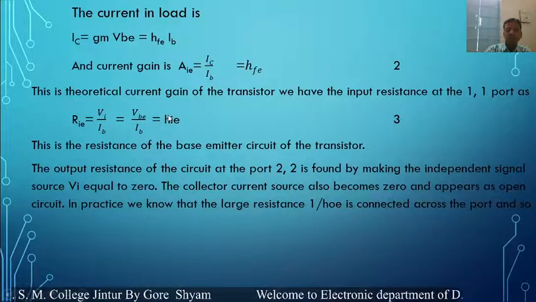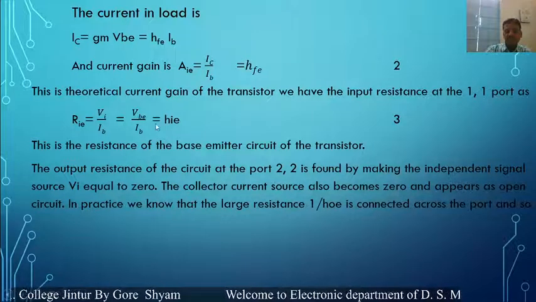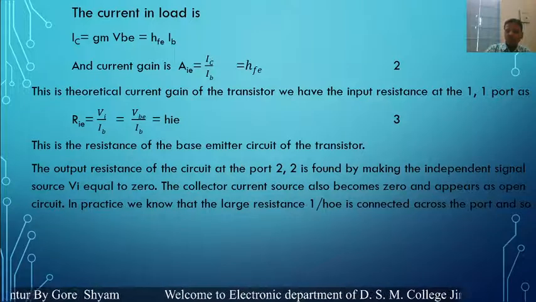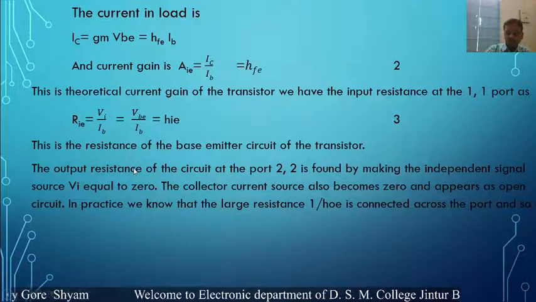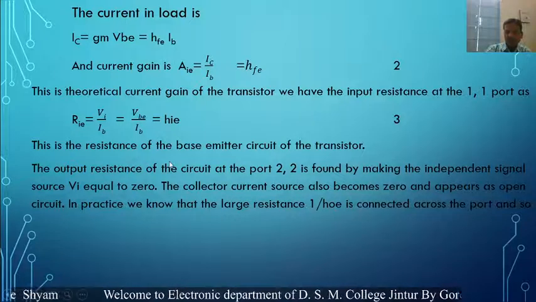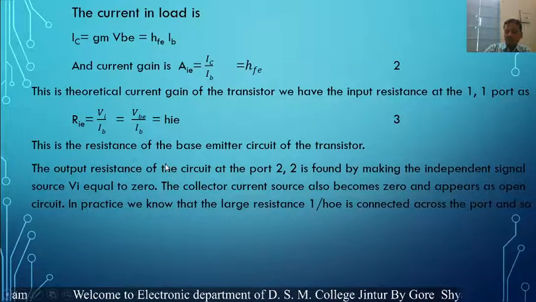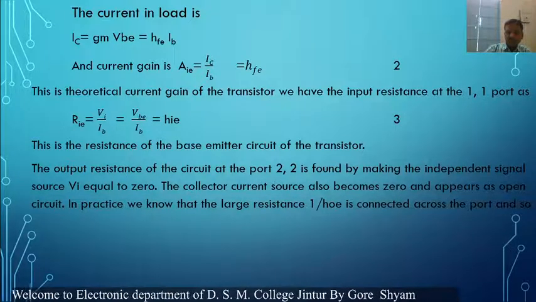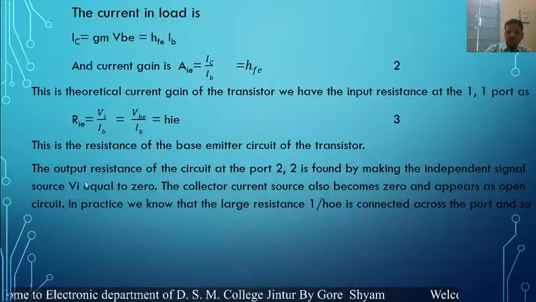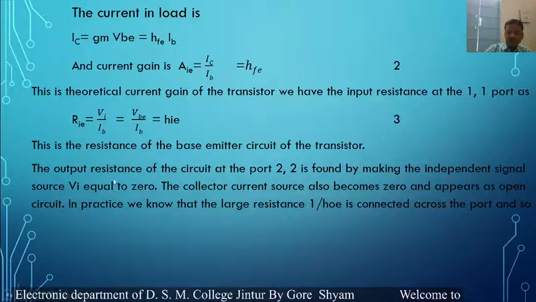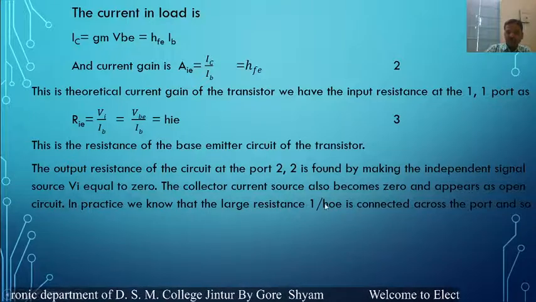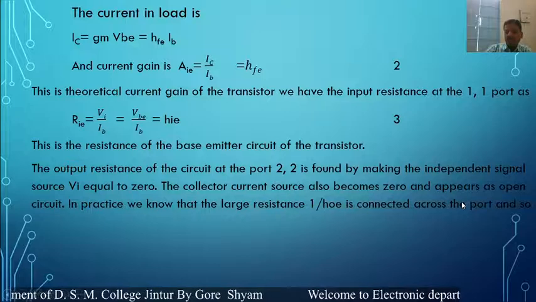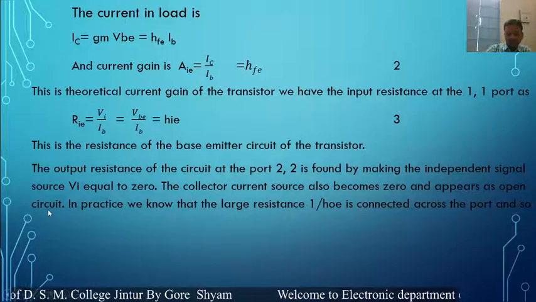The output resistance can also be found from the circuit, and the output resistance is at port 2. When we have to find the output resistance, we make any source present in the circuit independent. So, here the VI is made equal to 0 and the collector source also becomes 0 and appears as an open circuit.